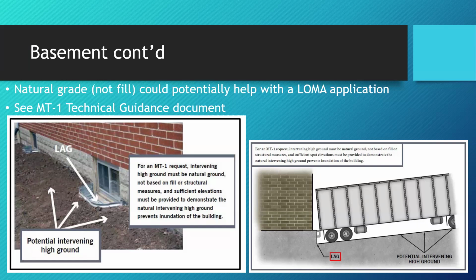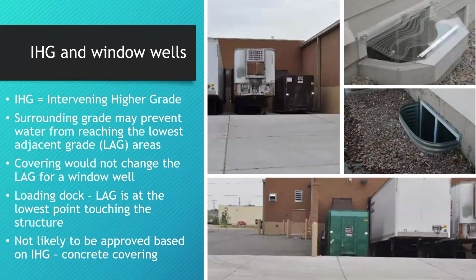But sometimes it just depends on who is reviewing your request. So the lowest adjacent grade is always going to be at the bottom of the window well. It doesn't matter if it's covered or if it's made of concrete or whatever the case may be. It doesn't matter how it's built. It's always at the bottom of the window well.